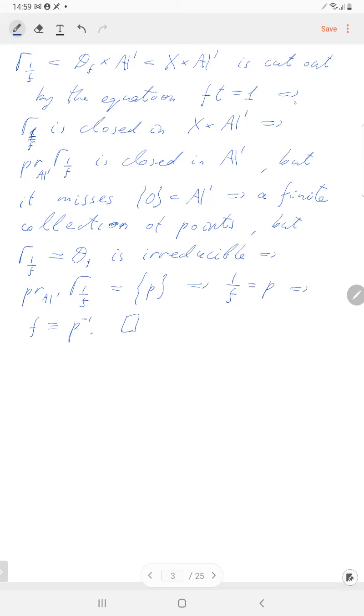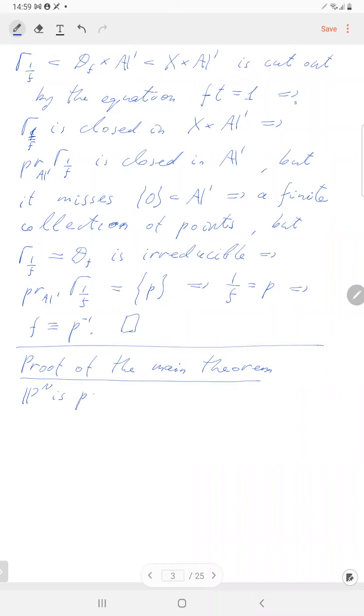Okay, so now let's prove the main theorem. So once again, we want to prove that P^n is proper.